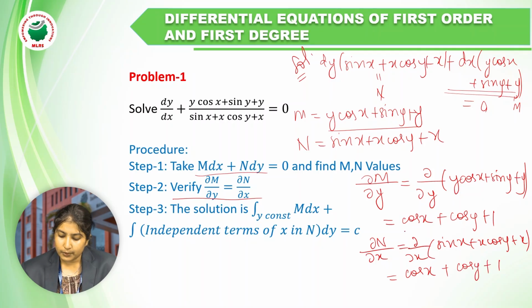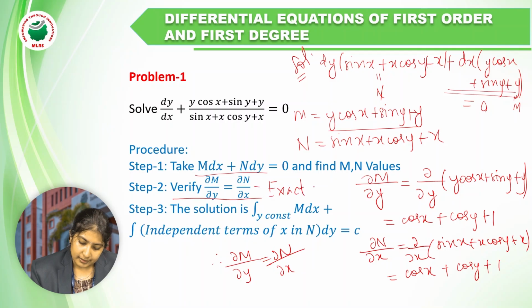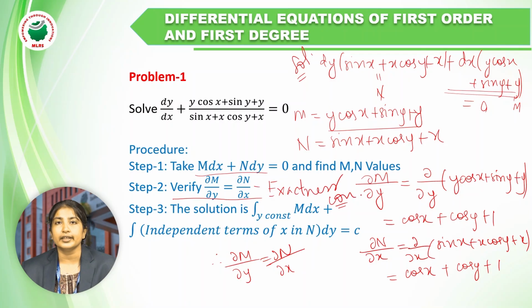So you are getting dou M by dou y equal to dou N by dou x, which means it has satisfied the exactness condition. If a differential equation satisfies the exactness condition, then you can say that particular differential equation is exact. Now once we have checked the exactness, we have to find the solution.